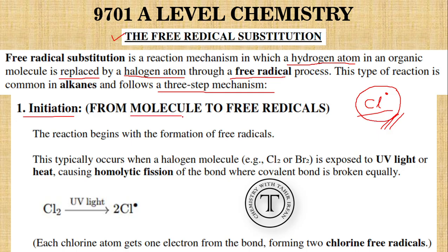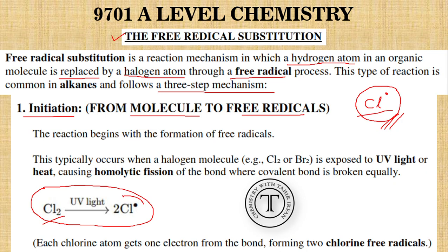So we will start with molecules that don't contain any free radicals, and they will be broken up into free radicals. As you can see in this chemical equation, a chlorine molecule, Cl2, is split up into two atoms of chlorine, each containing one single unpaired electron.